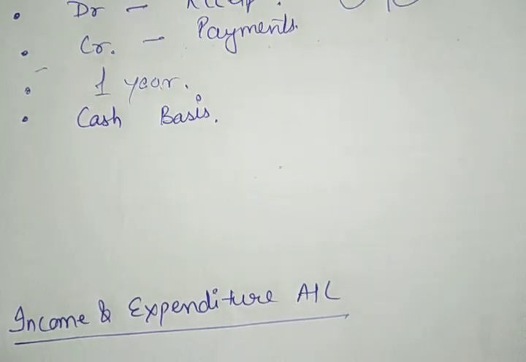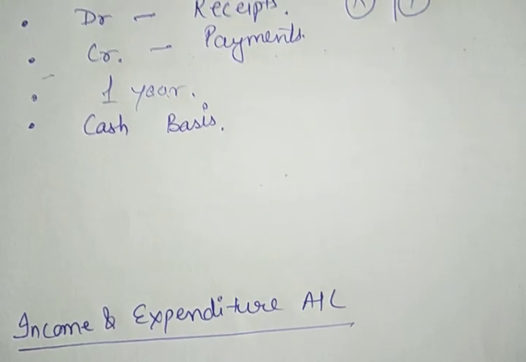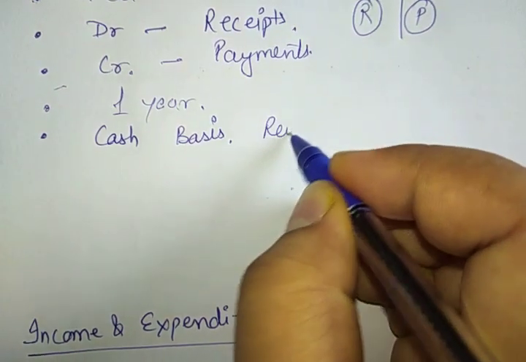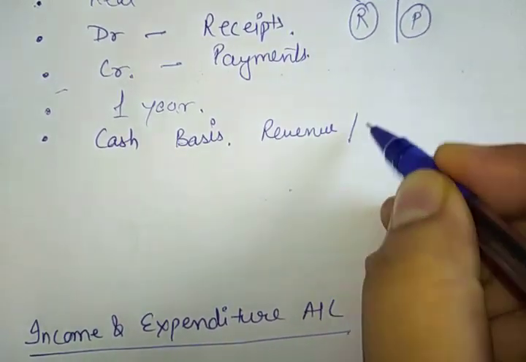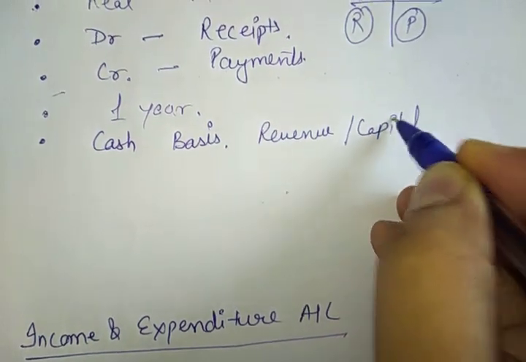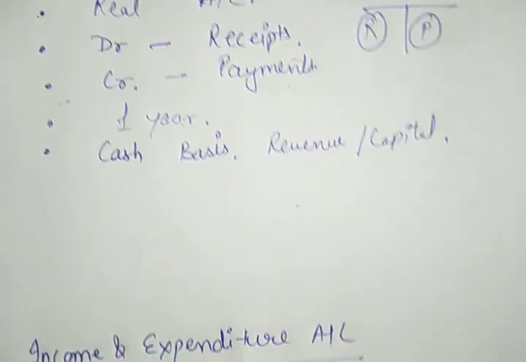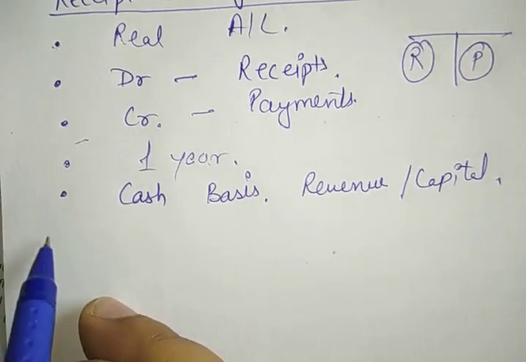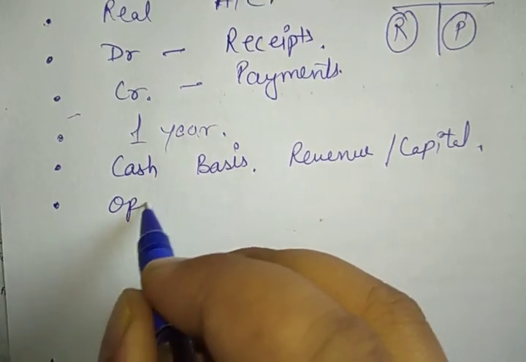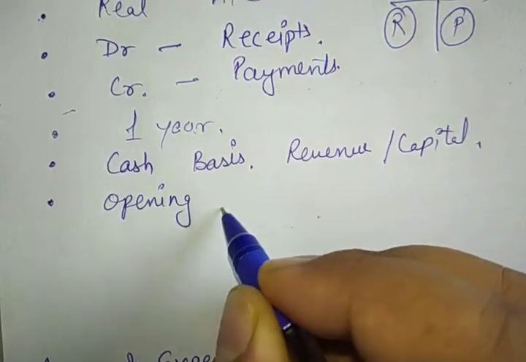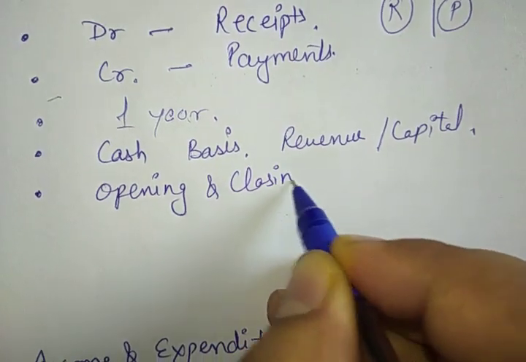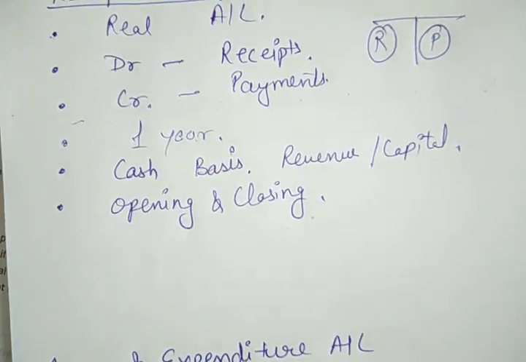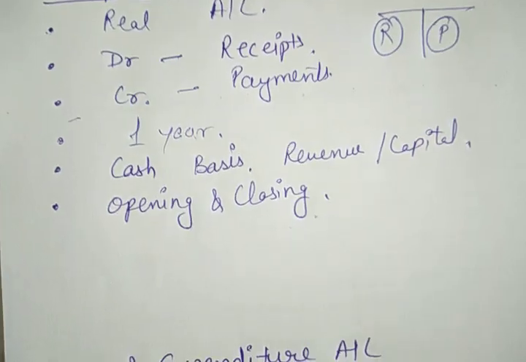And it will not take into consideration whether the entry is of revenue nature or of capital nature. If you have received or paid some money, that will be recorded here. Along with that, the receipt and payment account will consist of the opening balance of cash as well as the closing balance of cash. Let's have a look at its format.